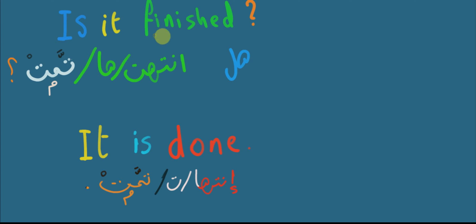So it is done. Is it finished? هل انتهت؟ Finished means something was completed or finished, or if you look it up in your dictionary, depending on the language, you'll get a better explanation of it. But it indicates something that has happened and completed. So this question is saying, is it finished? Notice this "is" here is another way of using the verb be.